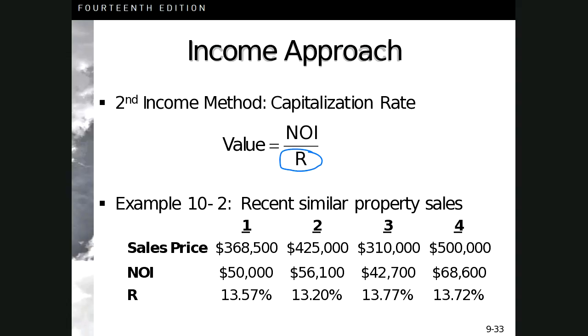Okay, so suppose we're talking about an annuity. Assuming that this property is able to generate this amount of net operating income every single period for an indefinite amount of time, how much is the value of that property?